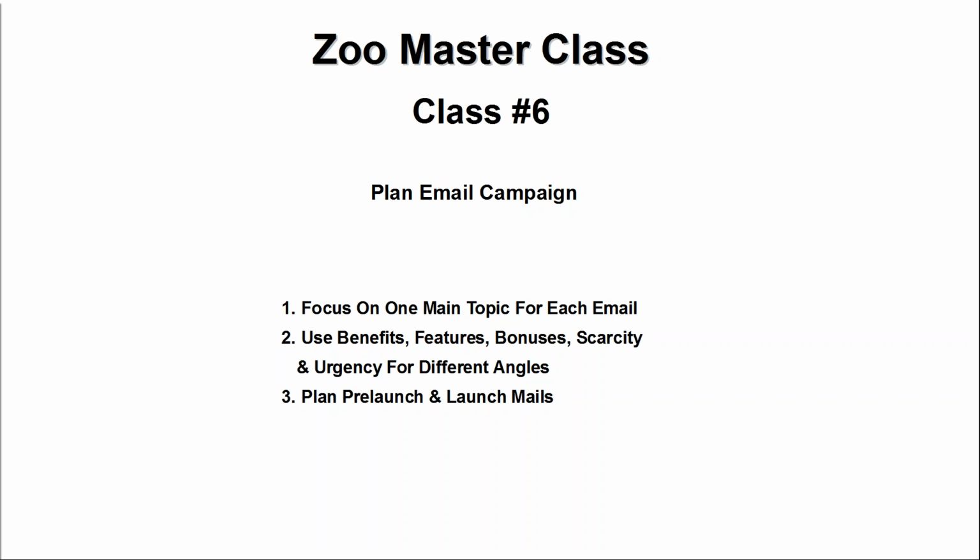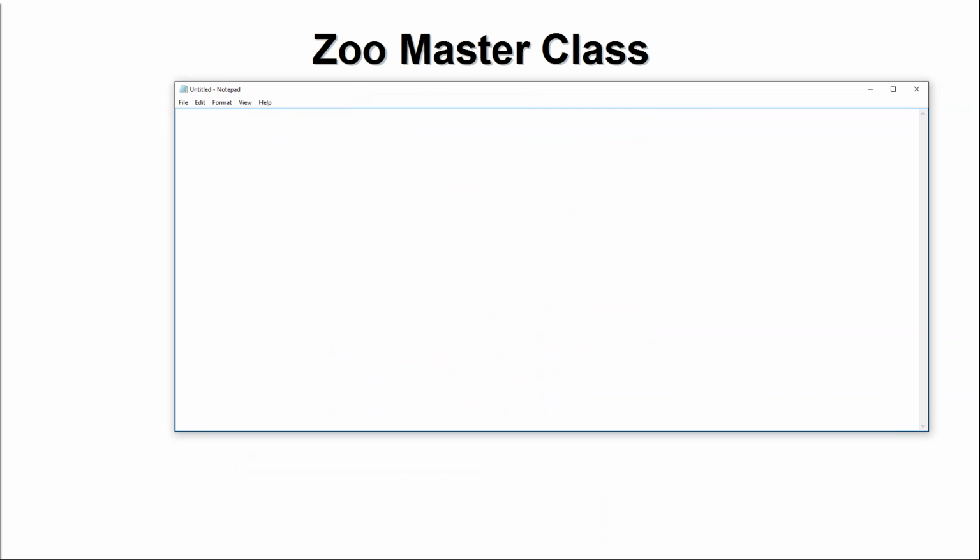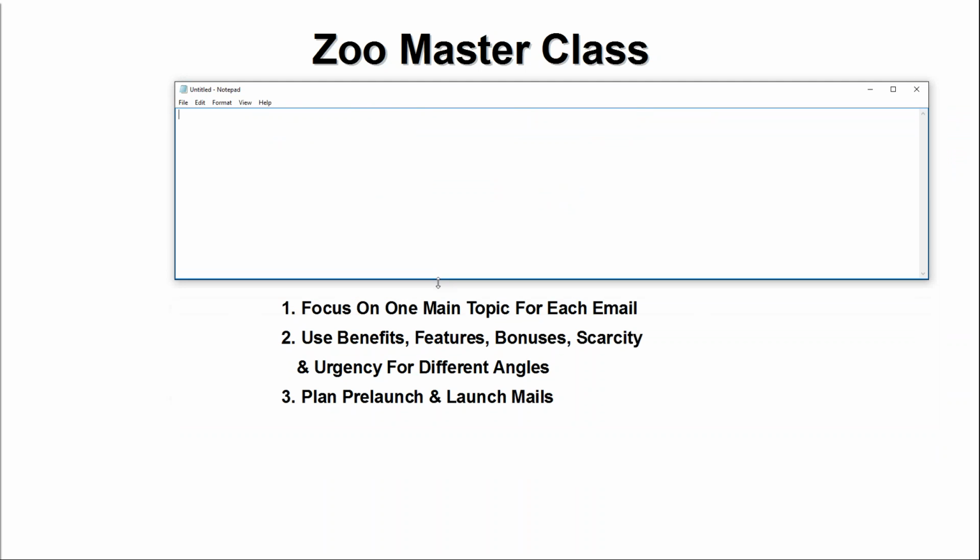To give you an example of this, I just want to give you a bit of a rough outline here of something that I might do for a product that I am going to be promoting. I'm going to go in kind of vague terms though.